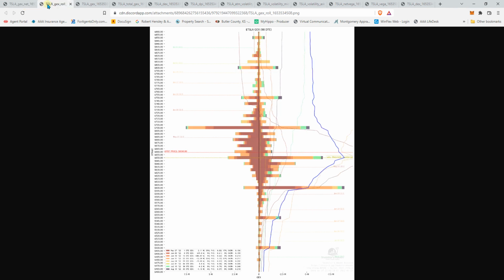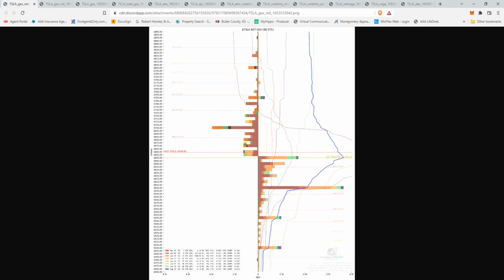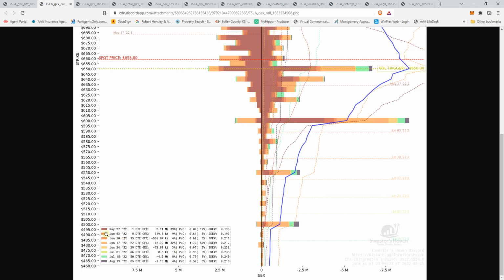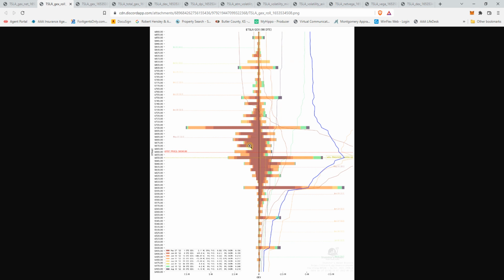So you can see where the net is pictured here, a little bit of a cleaner picture. Sometimes I'll look at this to see where all the gamma is coming from and where it's all sitting, at least because we're going to be looking at this expiry, May 27th, and you can see where all that's highlighted.